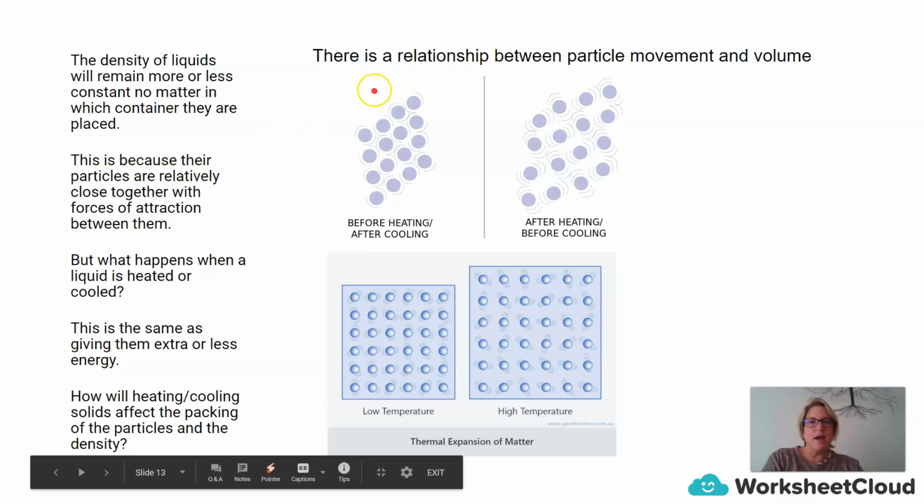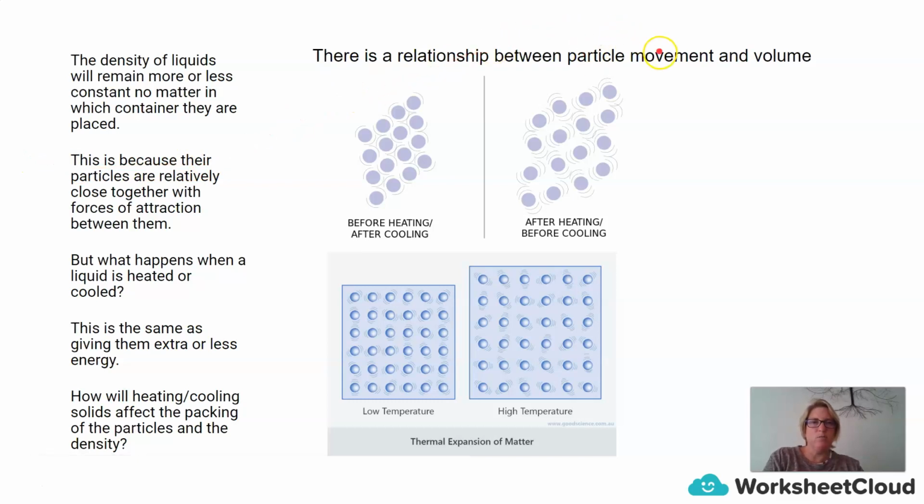So there is a relationship between particle movement and volume. The density of liquids will remain more or less constant, no matter what container they are placed in. This is because their particles are relatively close together and there are forces of attraction between the particles, obviously less forces of attraction when compared to a solid.